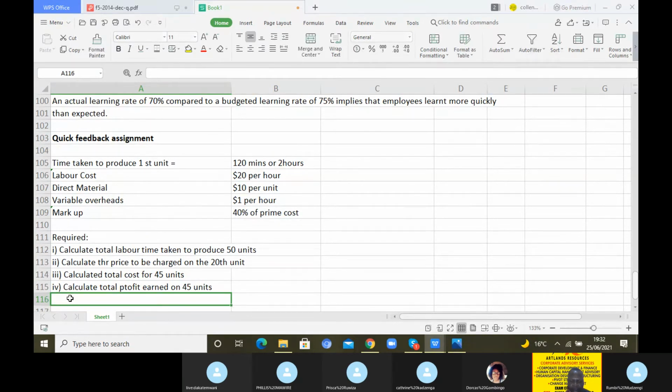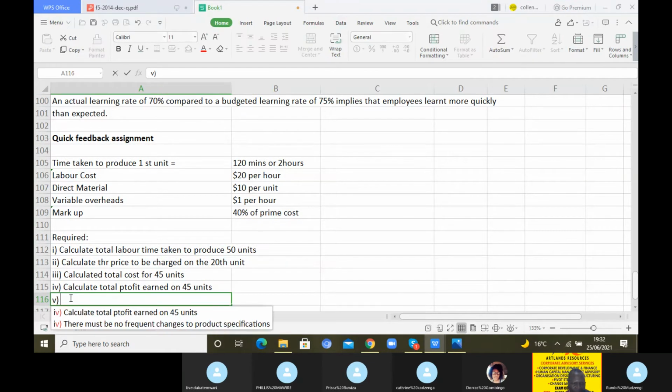And then five, calculate time taken to produce.